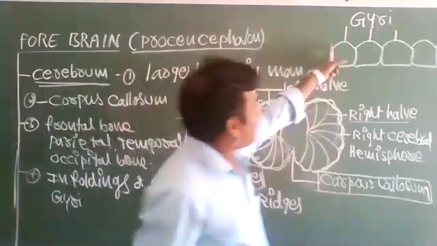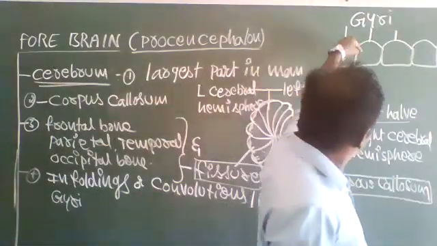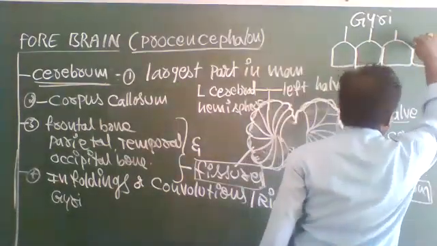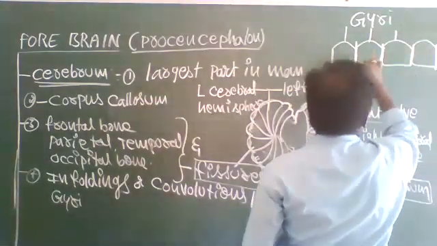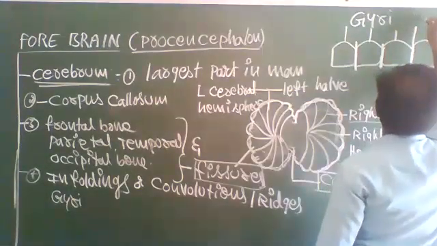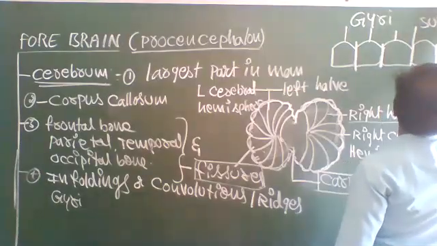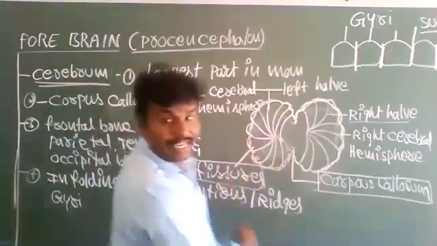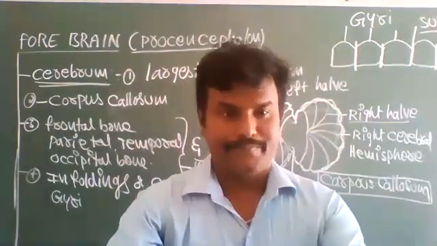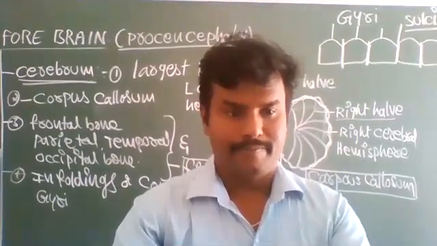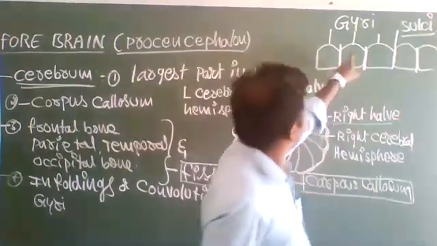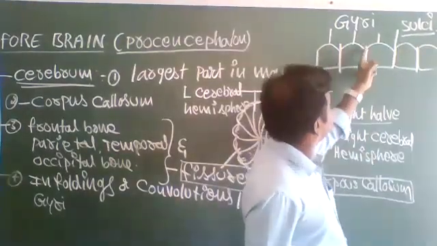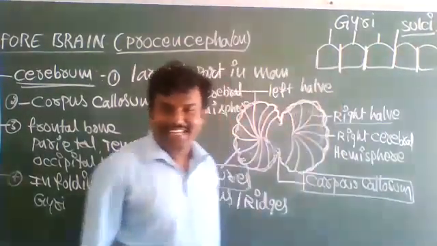So these gyri are separated by deep depressions. These depressions are called sulci. Gyri and sulci. These depressions are called sulci. These ridges are called gyri.